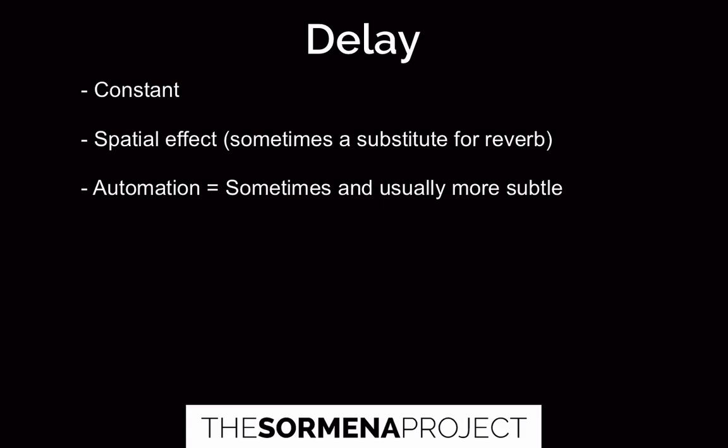That's really the key here to differentiating delay from delay throws. And then oftentimes that delay is used as a spatial effect, sometimes as a substitute for reverb. So even just like a slap back delay or something that's a 16th note, an 8th note with just a couple instances of feedback. You don't have to use that reverb, but you then put a delay in place and you process that in a particular way, etc.